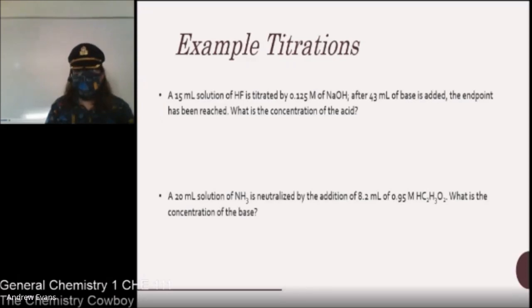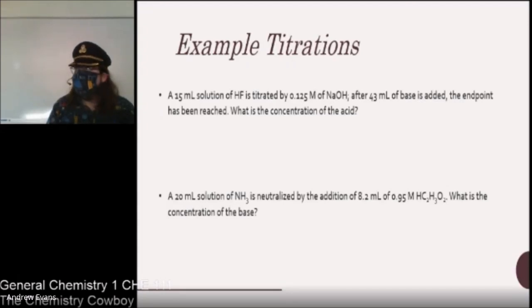Then we showed how we could dilute something by using the fact that the moles of the initial solution were equal to the moles of the final solution, and set an equation that simply said M1V1 equals M2V2. The molarity of situation 1 times the volume of situation 1 equals the molarity of situation 2 times the volume of situation 2.